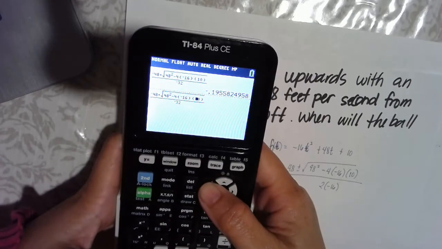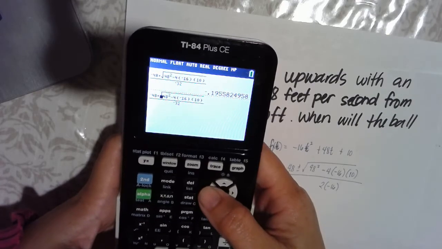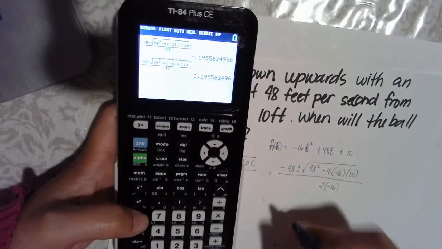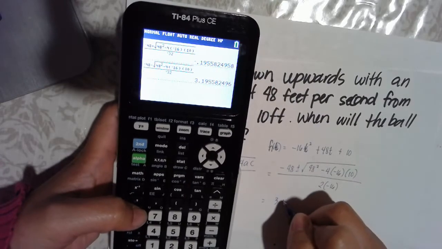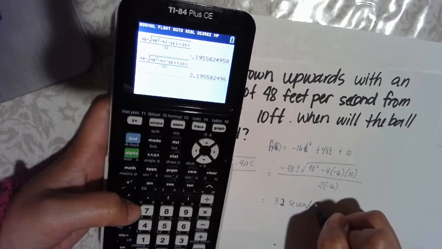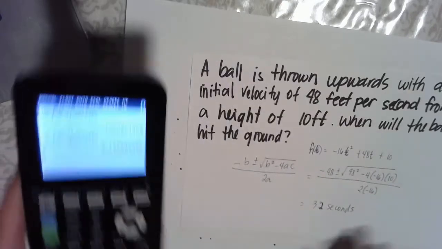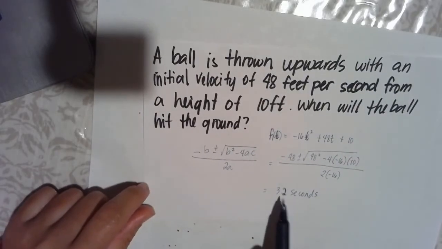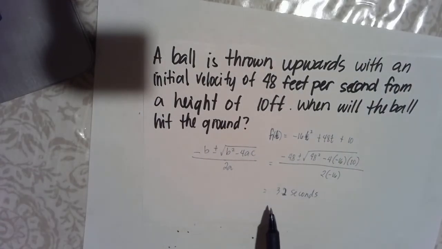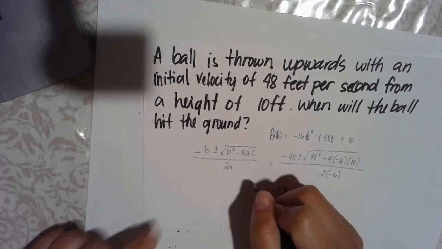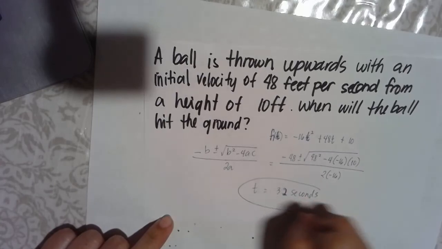Let's change it to minus. And the answer is 3.19. So 3 seconds. Okay, so this is the time when the ball will hit the ground. That's the answer.